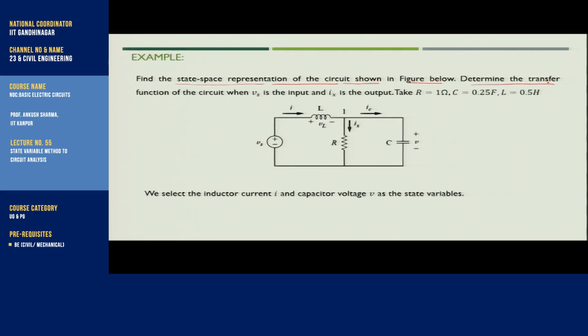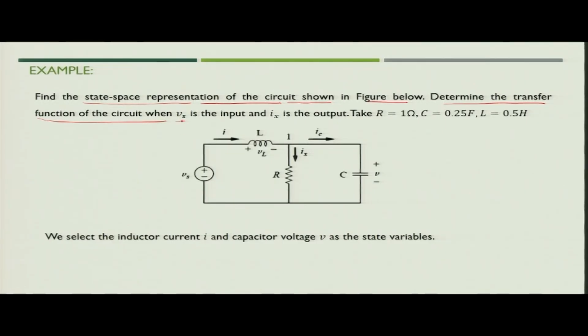We need to determine the transfer function of the circuit also. Here Vs is the input and Ix is the output, so we need to find the value of Ix. The value of resistance R is 1 ohm, capacitance is 0.25 farad, and inductance is 0.5 henry.